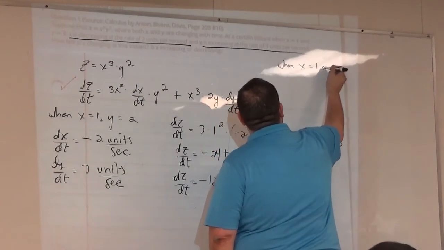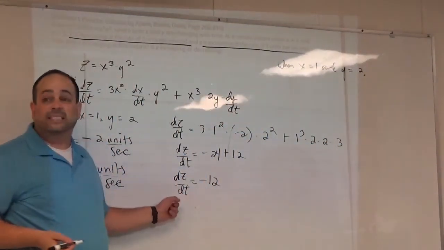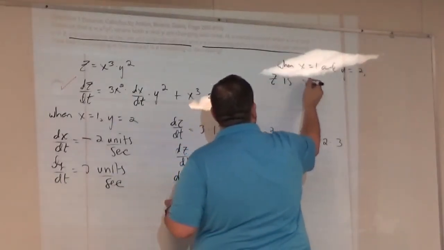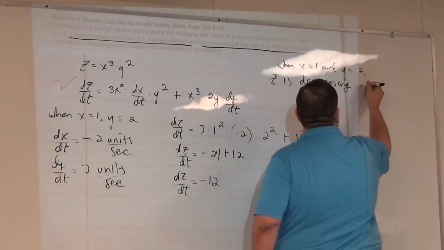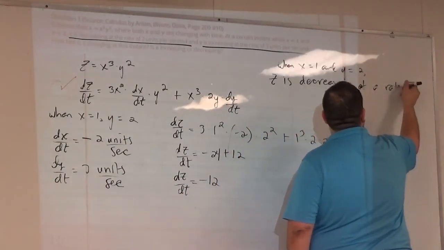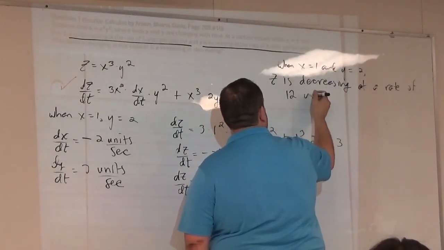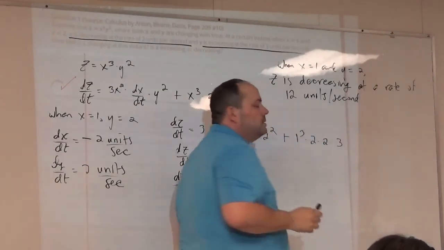So when x equals 1 and y equals 2, what's happening to z? Z is decreasing. Tell me more. At a rate of 12 units per second.